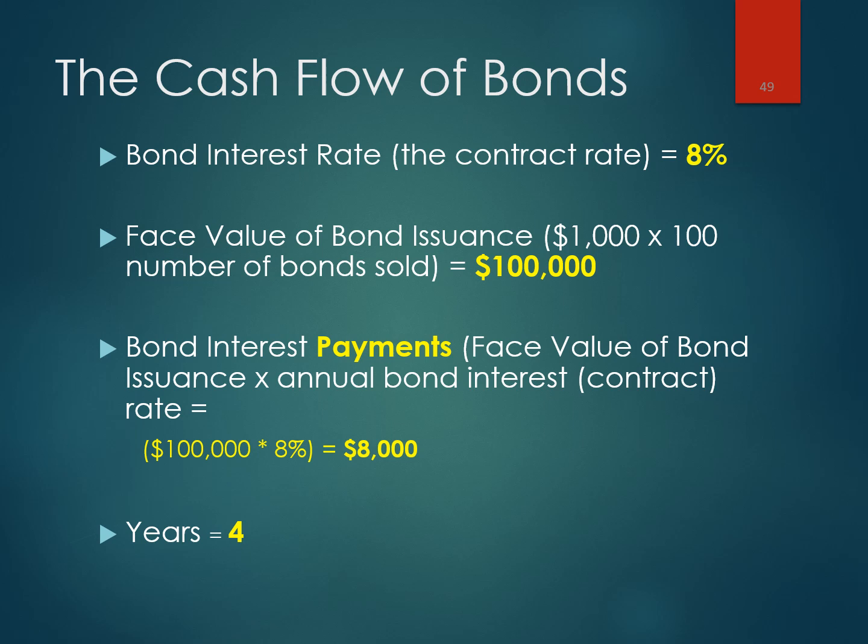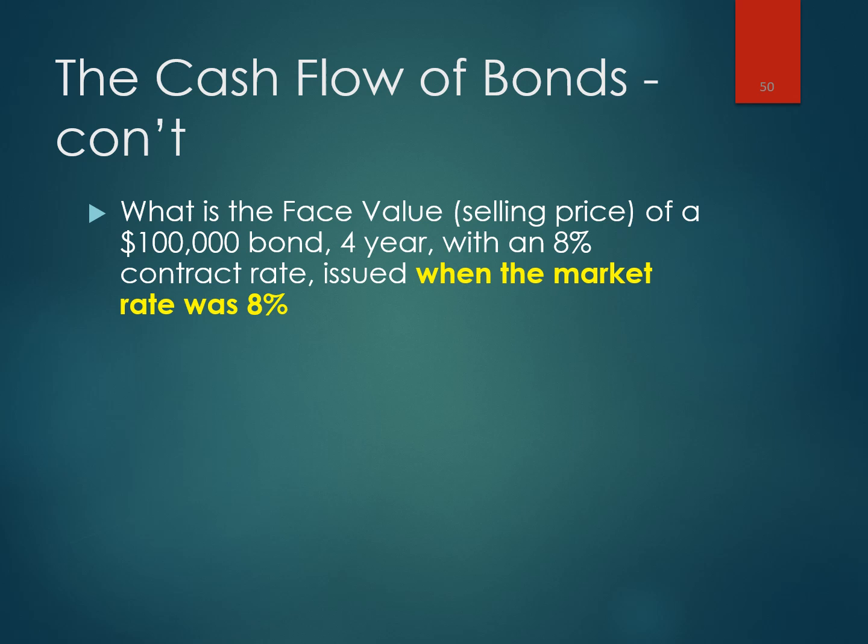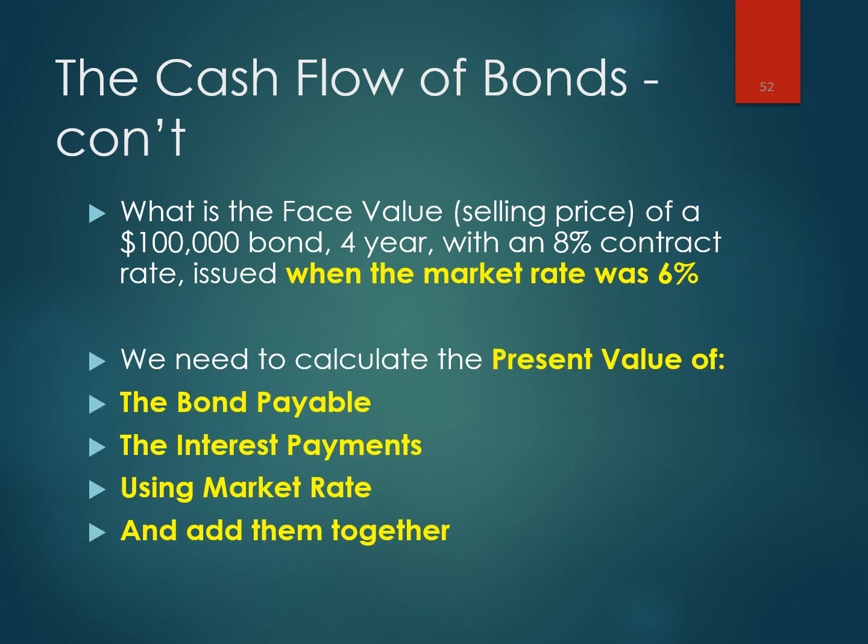If you are a bondholder and you bought a bond from a company, the company has a liability. They have to buy that bond back at the end of its life in 4 years. So if the market is also 8%, the issue price of the bond is going to be $100,000.